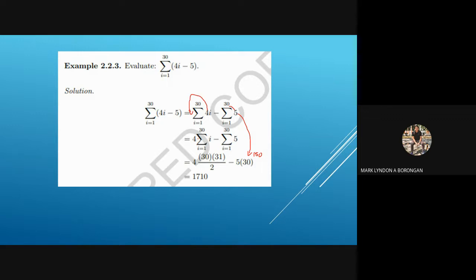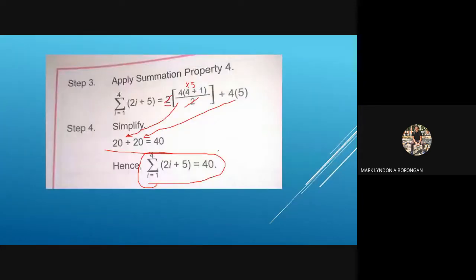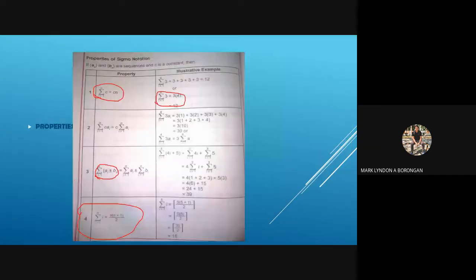As you can see, this is the summation of i, which has a formula, property number 4. We use property number 4 because the upper limit is large. We cannot afford to solve it one by one, since 1 up to 30 means writing 30 terms. That's too tiring, so we use property 4.